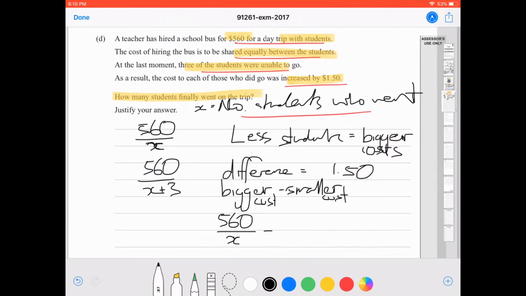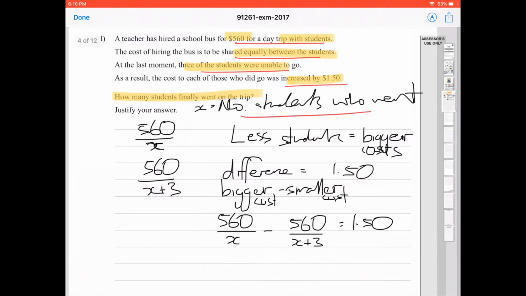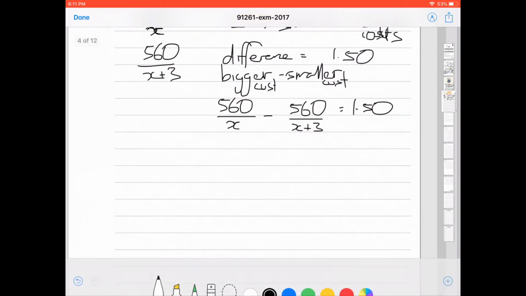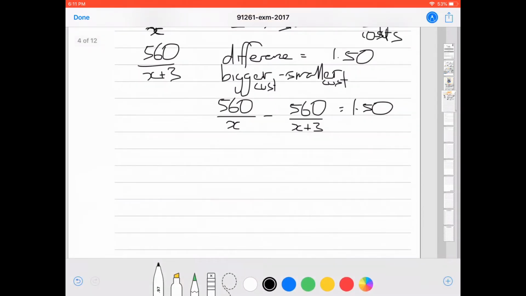So 560 over x minus 560 over x plus 3. And this equals $1.50. That's going to be our equation. Now, honestly, doing this question in an exam, and if I'd never seen it before, that's difficult to come up with. Anyway, we're going to be solving for x here.